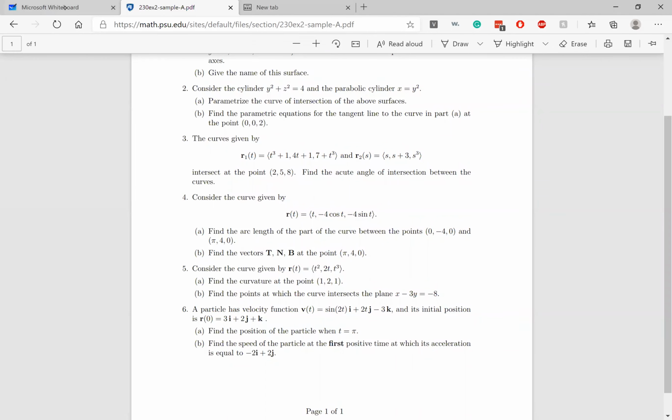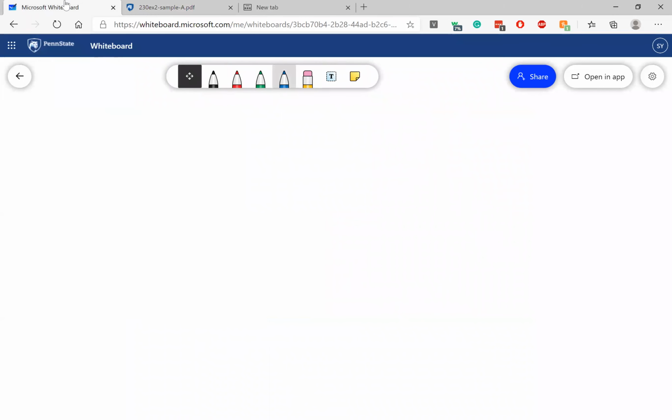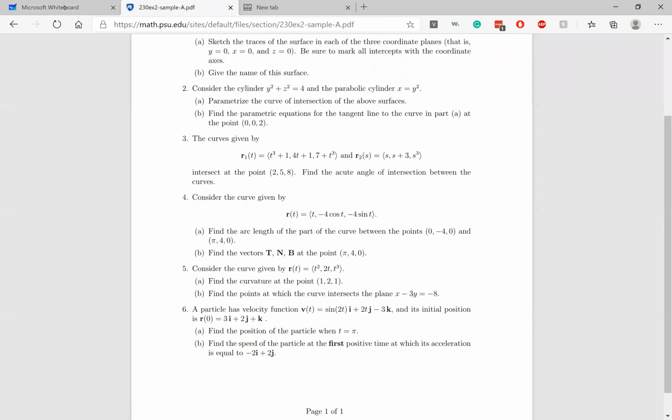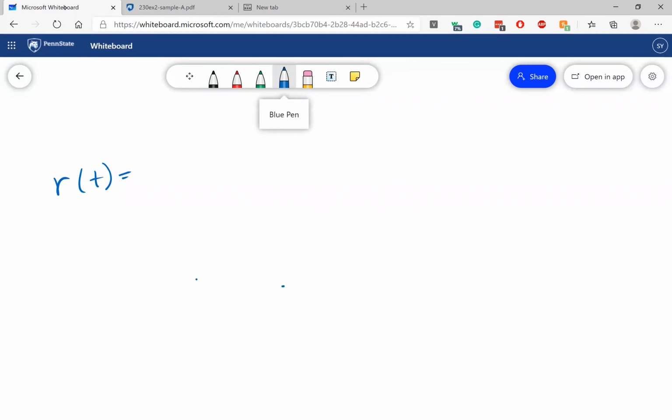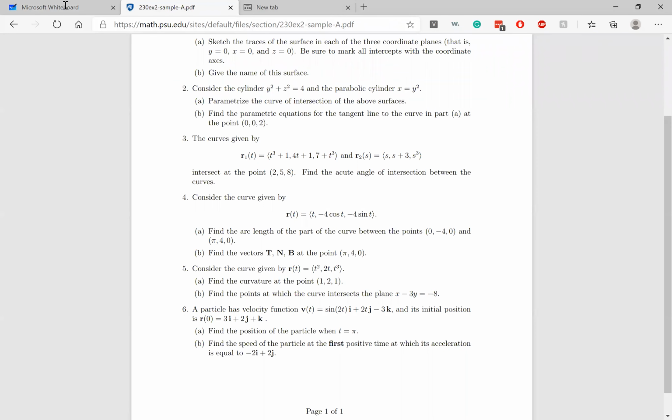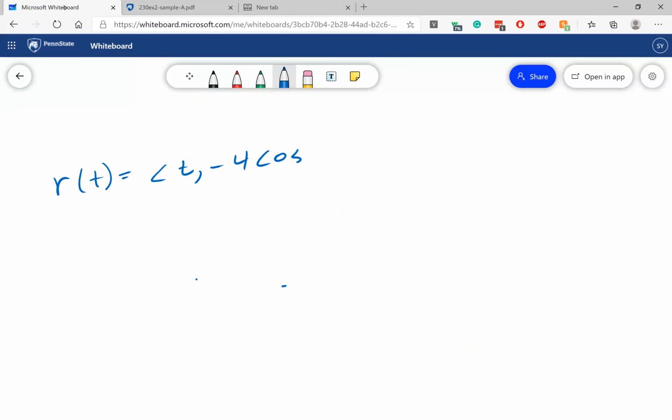Okay, so r of t is equal to t, -4 cosine of t, and -4 sine of t. Can anyone tell me what this shape looks like?